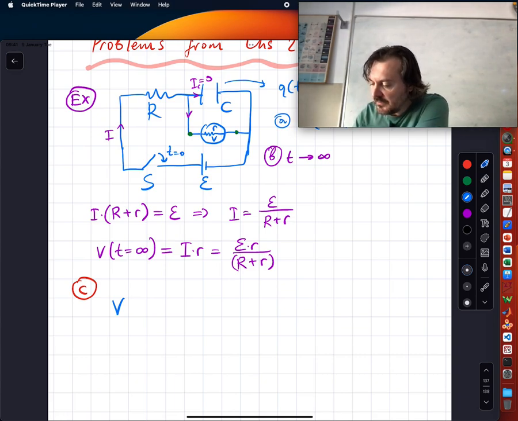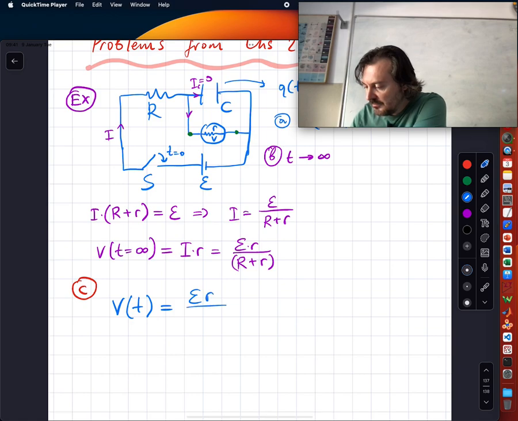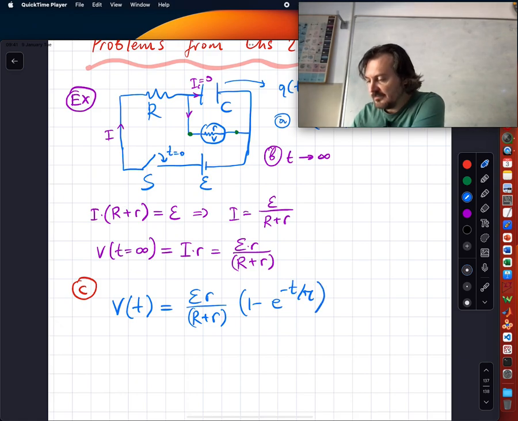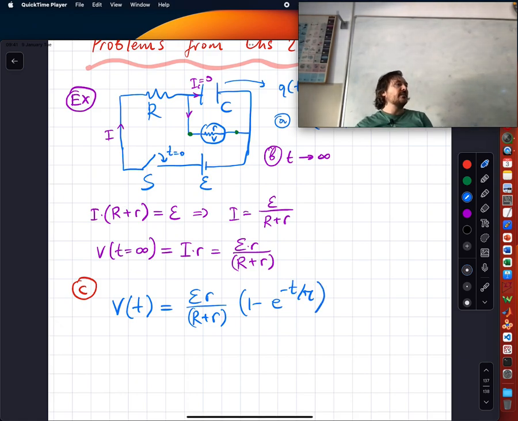So here's the thing. This is a good guess. Eventually it has to go to E r over R plus r, and it has to go like 1 minus e to the minus t over tau. But what is that tau?